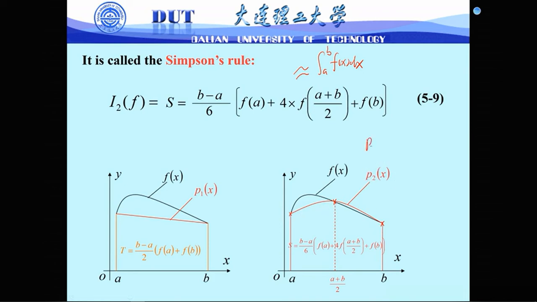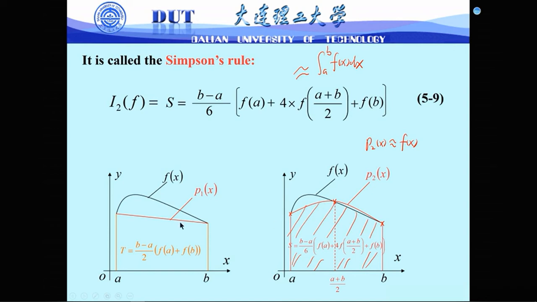Then we use P2x to approximate fx. Of course, we also use the integral of P2 to approximate the integral of fx. So we use this area of this parabolic curve to approximate the area under fx.